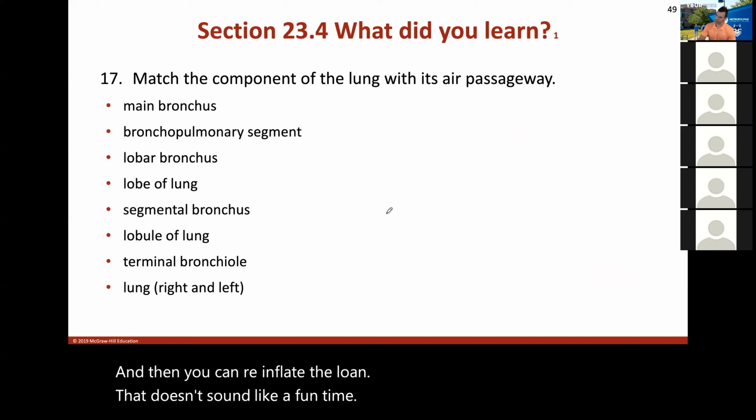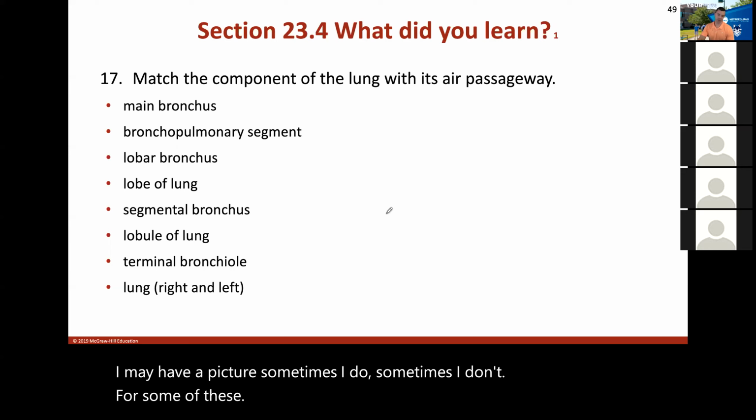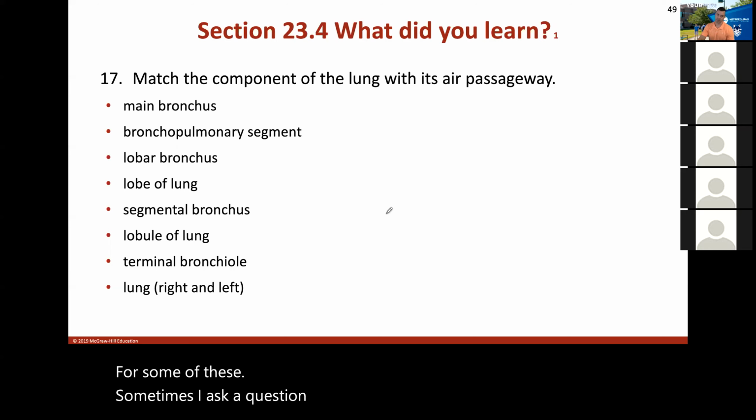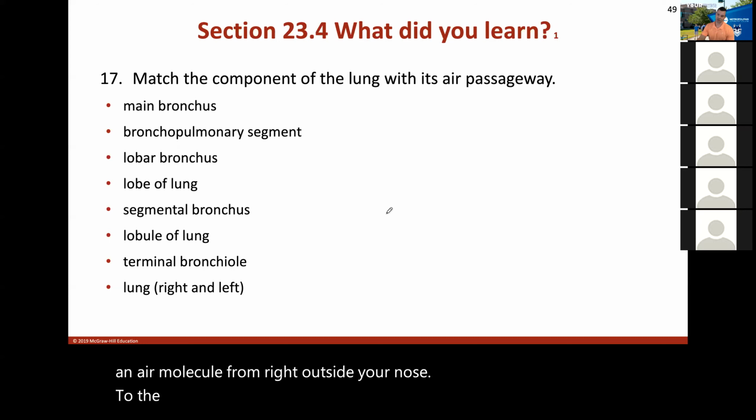This question seems really weird, but I may have a picture. Sometimes I do, sometimes I don't for some of these. Sometimes I ask a question of follow the rabbit. So if I said follow an air molecule from right outside your nose to the place of gas exchange, could you follow the rabbit down?